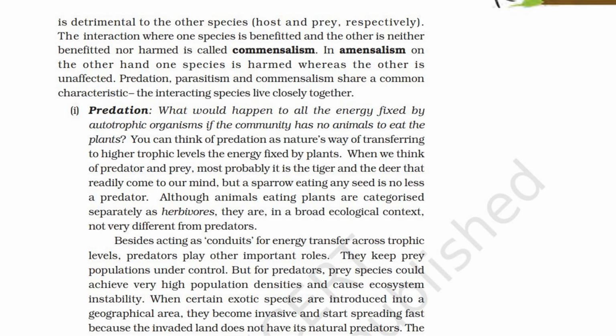They keep prey populations under control. But for predators, prey species could achieve very high population densities and cause ecosystem instability. When certain exotic species are introduced into a geographical area, they become invasive and start spreading fast because the invaded land does not have its natural predators.